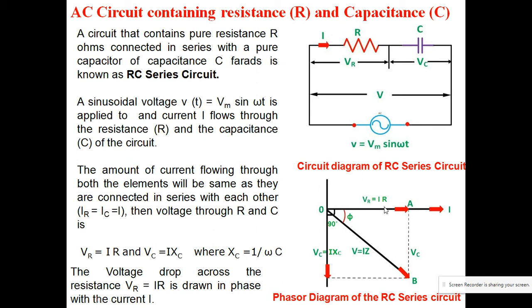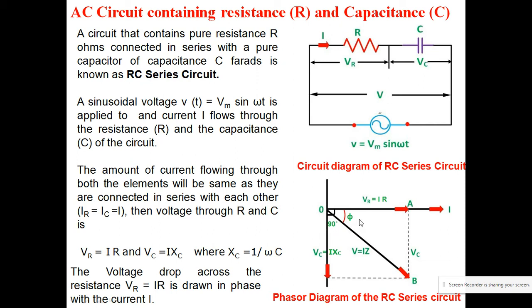The component here is pure resistance. We know that in a pure resistance circuit, the voltage and current are in phase, in the same direction. But in a capacitive circuit, the current leads the voltage by 90 degrees. So voltage is represented here and current here, with 90 degrees between them.